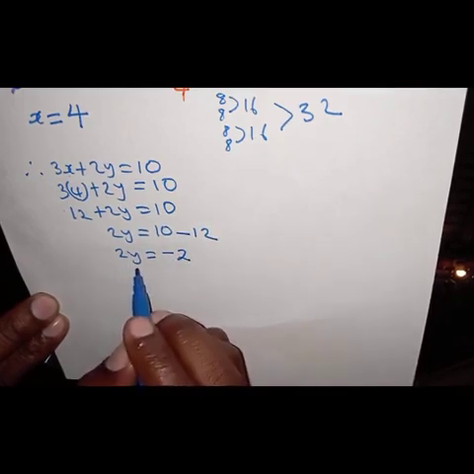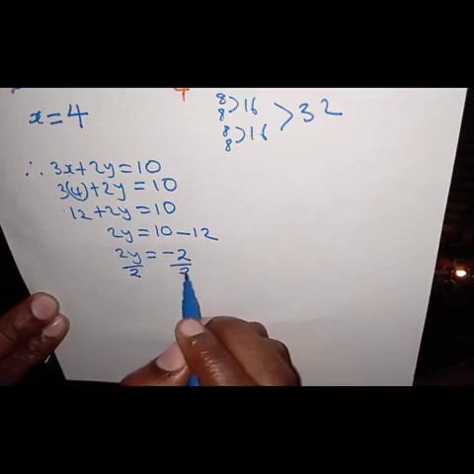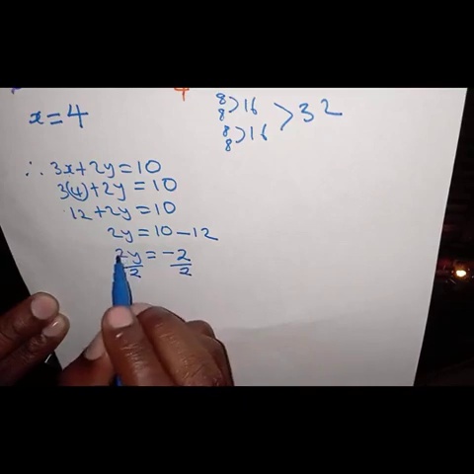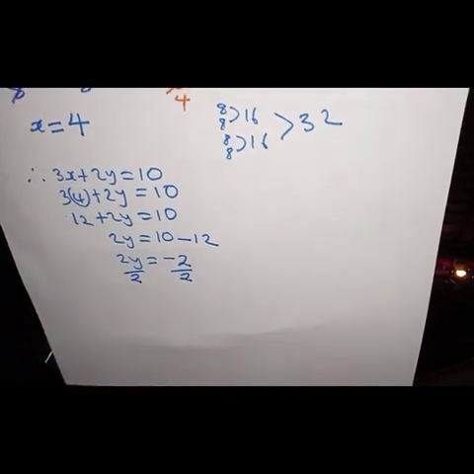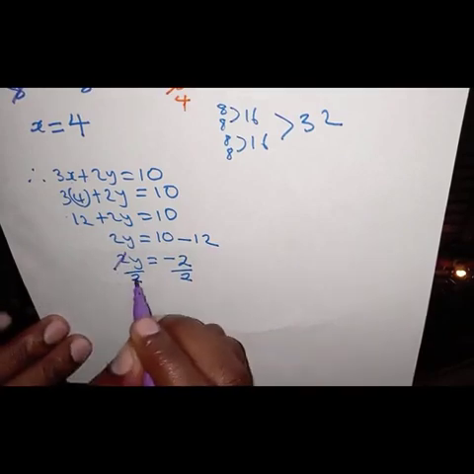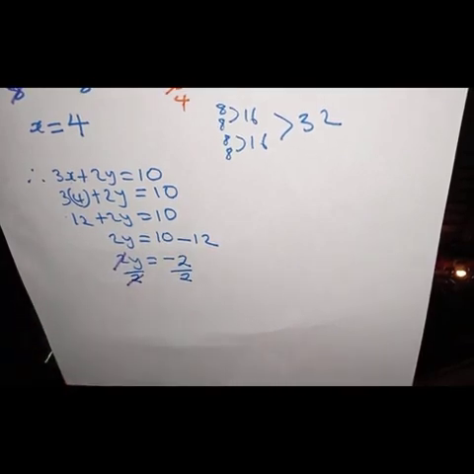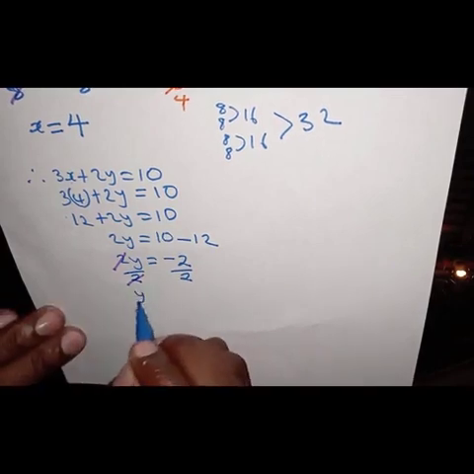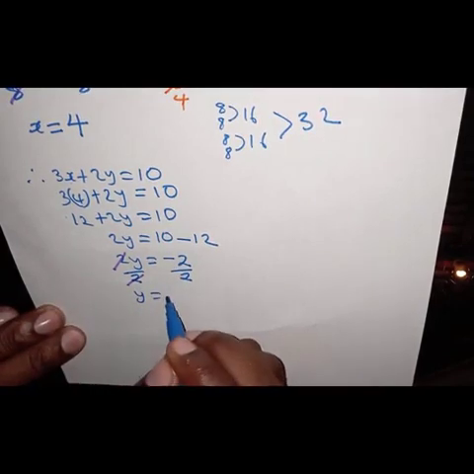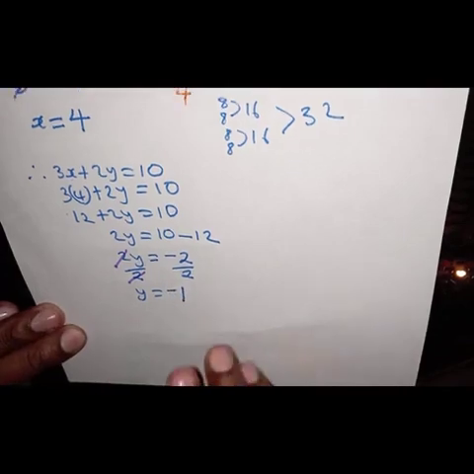Now remain with y here. You need to divide over 2 both sides. So this 2 and that 2, they cancel. It means y has remained. So y is equal to 2 into negative 2 is negative 1, right?